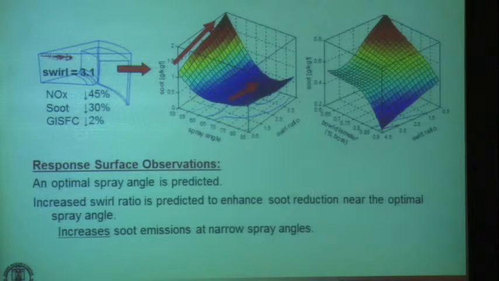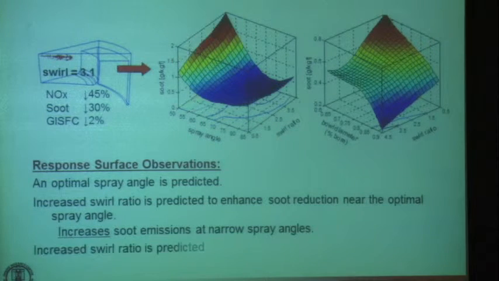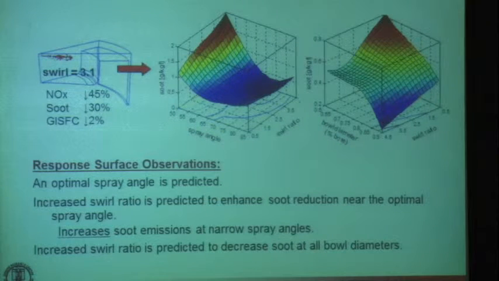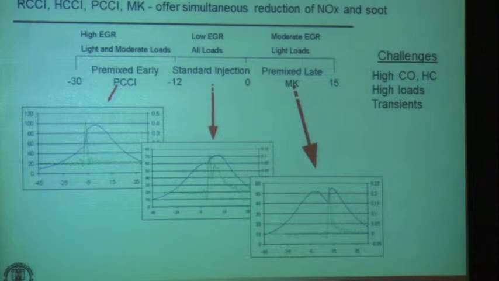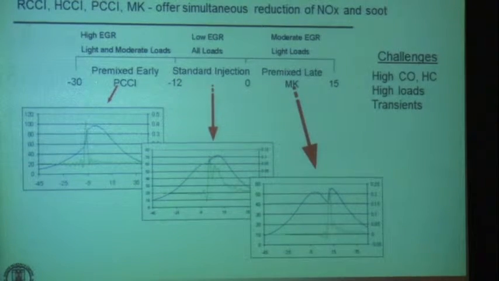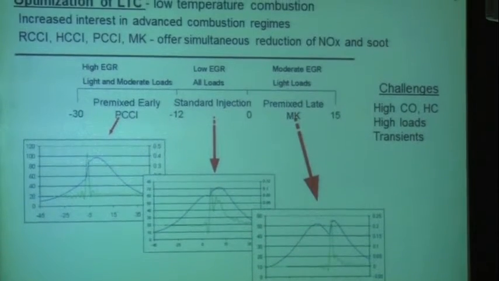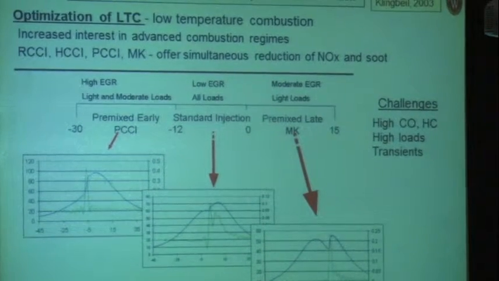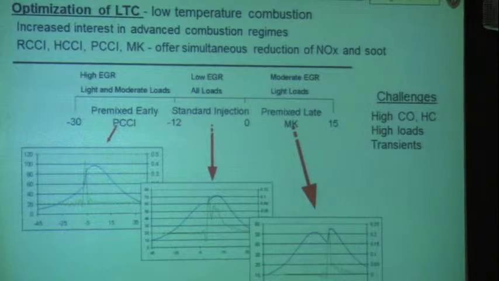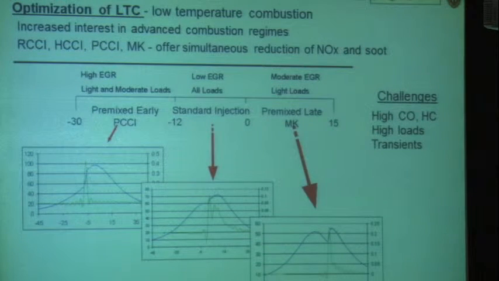You would increase the soot emissions if you have narrow spray angles, so you want to avoid that. And increased swirl is predicted to decrease soot for all bowl diameters. So those are parameters that you can get from this type of optimization that are extremely helpful in engine design. I'm just showing you results at one operating point here. Obviously, you want to repeat this exercise over a wide range of operating points in general.